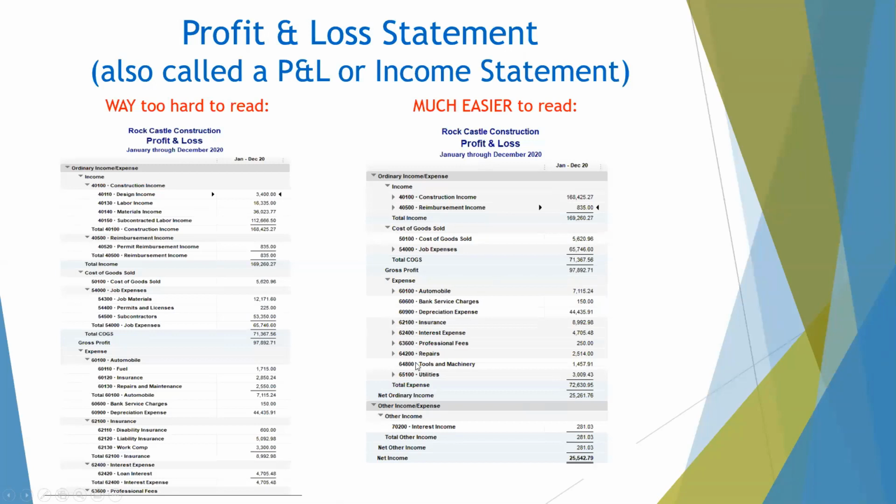Then you have your overhead expenses, and the total of those, they have a little bit of other income, which is interest income. And after everything is said and done, we have our net income, which is our net profit, all right, which is $25,542. So again, it's going to follow the same basic formula. So what I always recommend is, when you look at your financial statements, collapse them so that you can see what's going on.